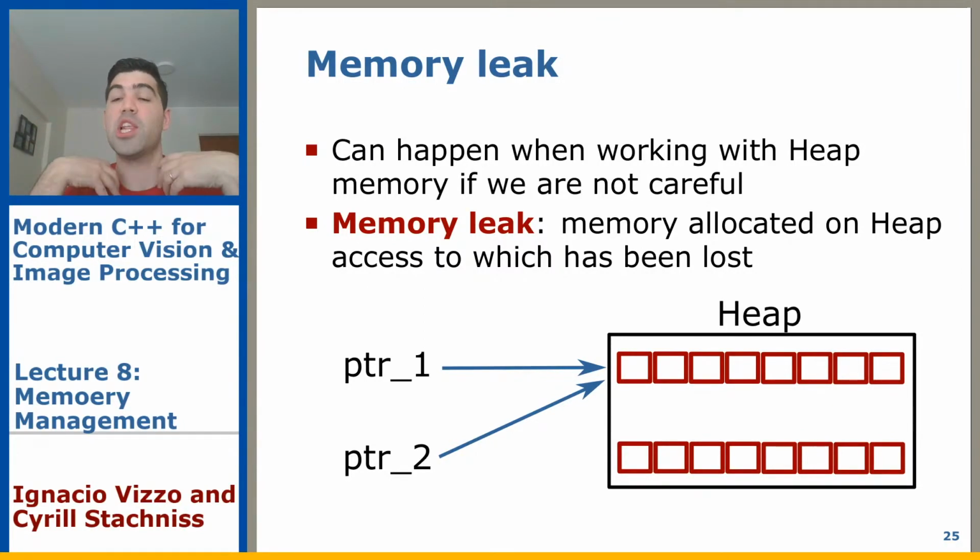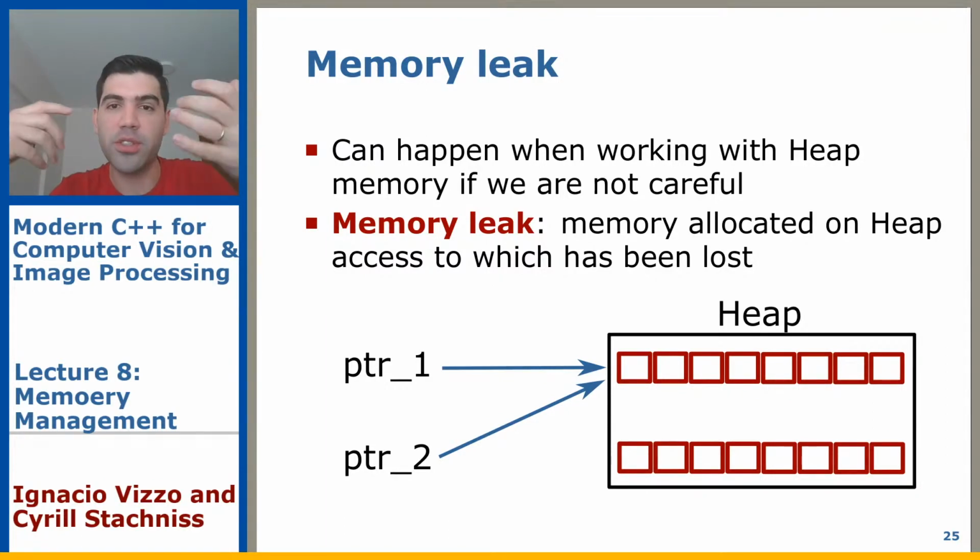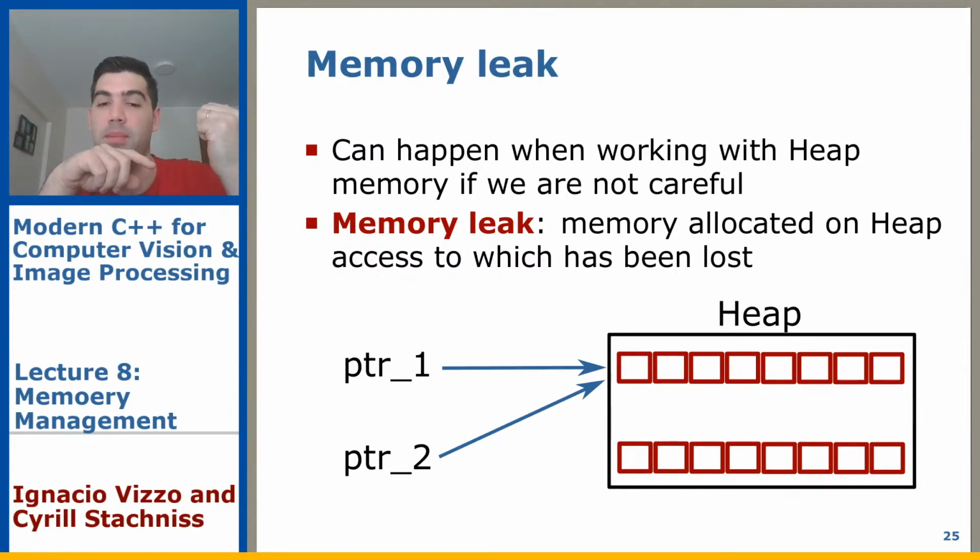But the thing is, I lost the reference. So which is the reference? I lost the hexadecimal number, and I cannot access it anymore. And this is the most common mistake ever. Memory leaks are the signature of Windows, for example.